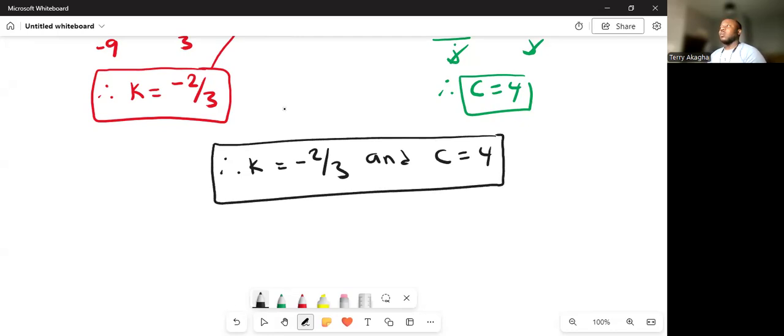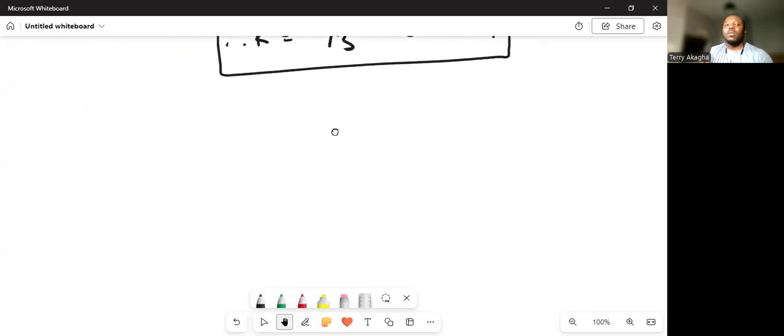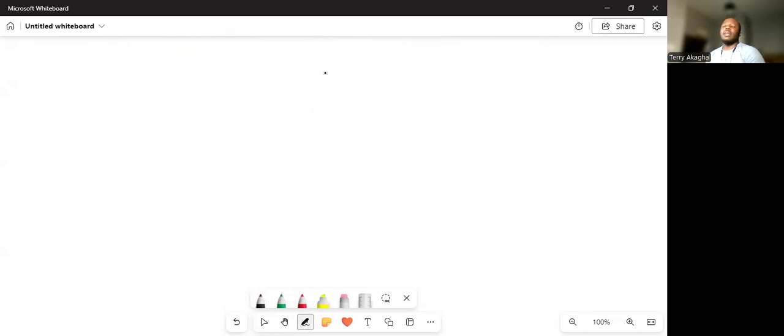Okay? So we found k and we found c. So let's go to the C part of this question, all right? The C part now says, find c if the magnitude of R is equal to 10.